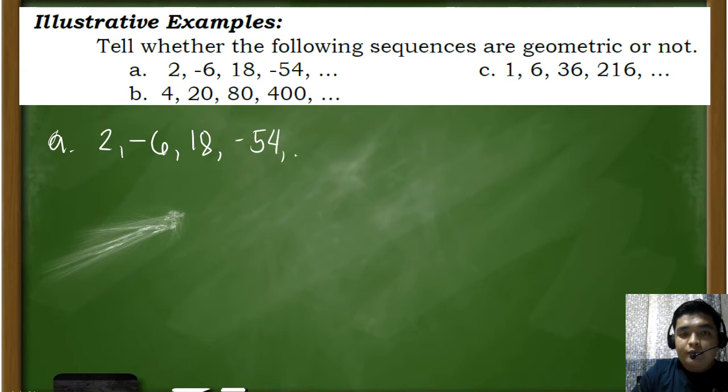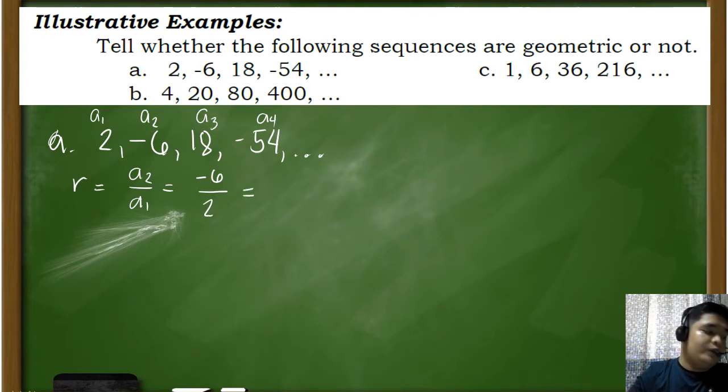When we get the ratio, they should all be the same. Again, this is a sub 1, a sub 2, a sub 3, and a sub 4. Let's check. The first r is a sub 2 over a sub 1. a sub 2 is -6 over a sub 1, which is 2. What is -6 over 2? Okay, very good.